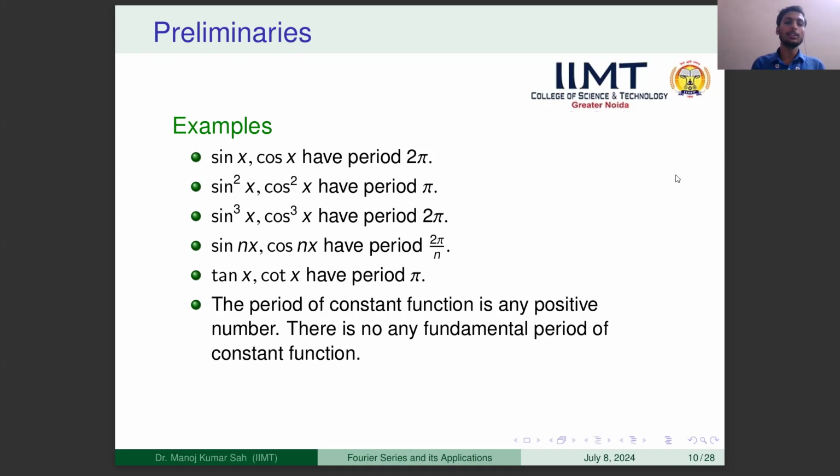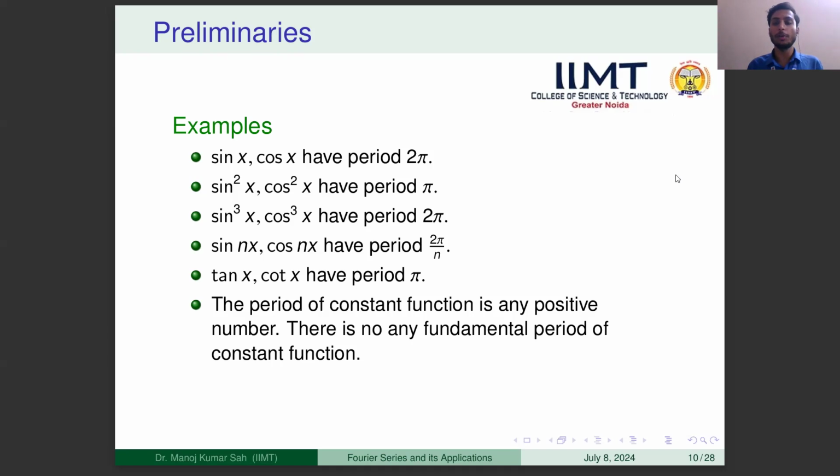Now here we will discuss one important thing: the period of a constant function is any positive number. How can you say the period of a constant function is any positive number? Firstly, we will discuss what a constant function is. A constant function is f of x equal to c. If you give any value of x, you always get the constant c.